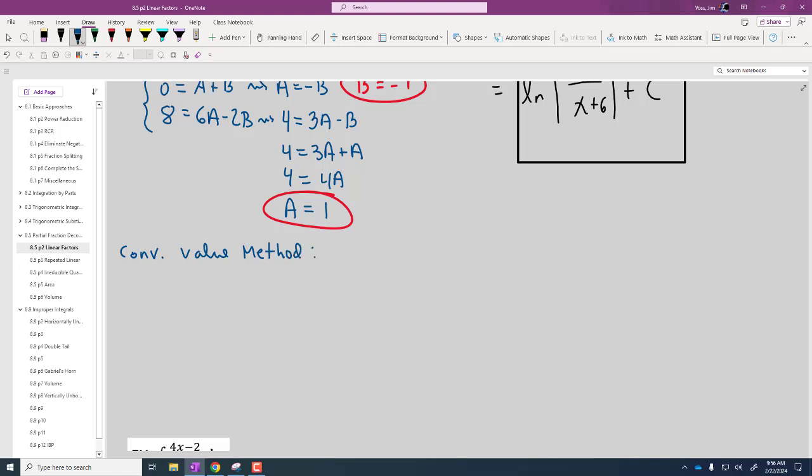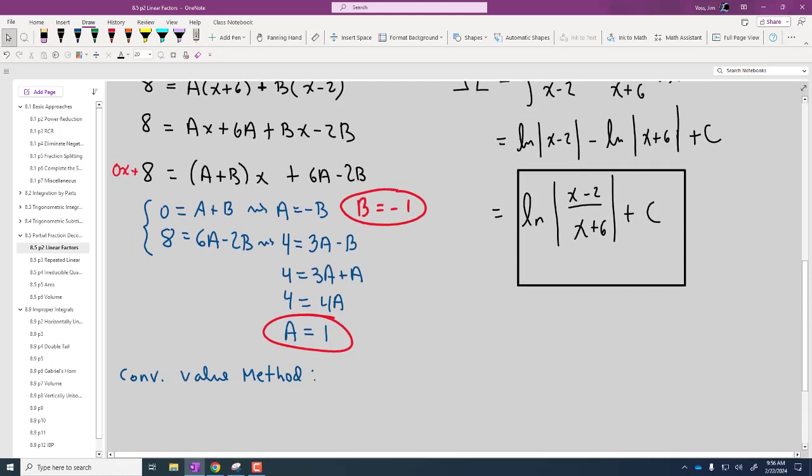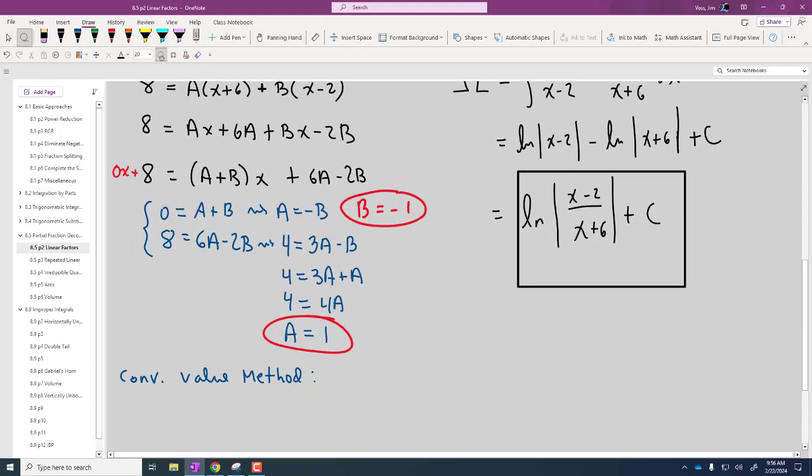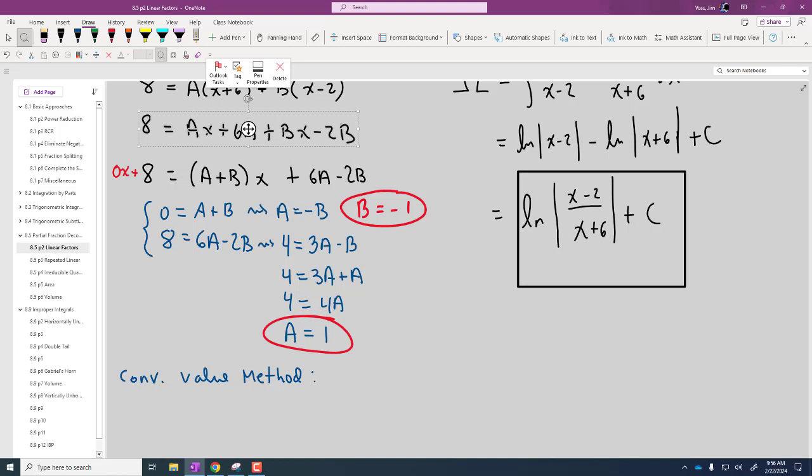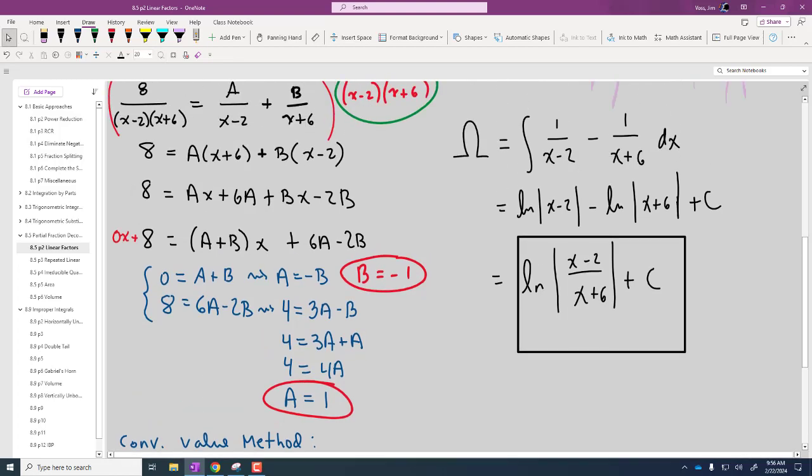So what we're going to do is back up to the original line, when we first cleared the fractions.